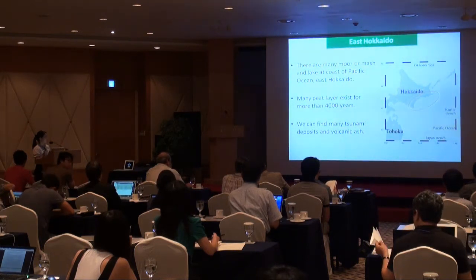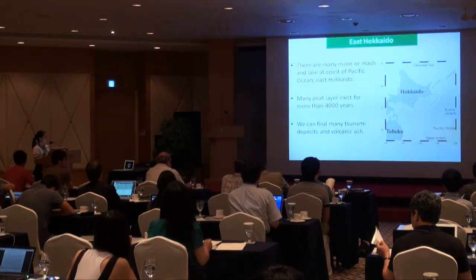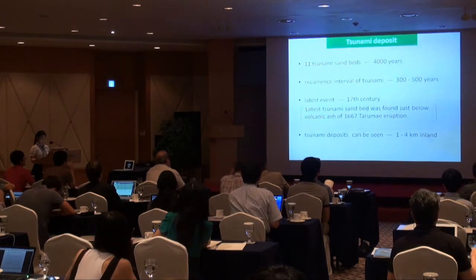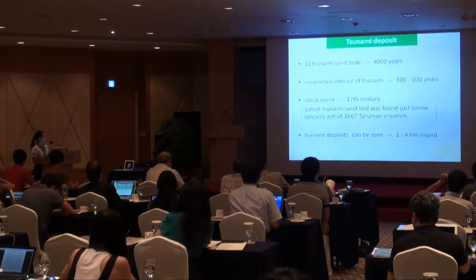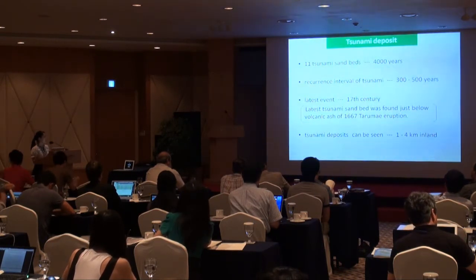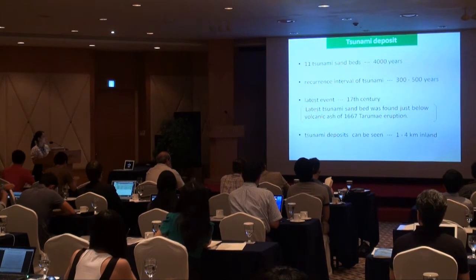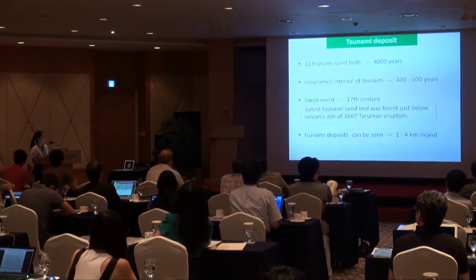So many tsunami deposits and volcanic ash can be seen. In eastern Hokkaido, 11 tsunami sandbeds were found for about 4,000 years. So the recurrence interval of tsunami is 300 to 500 years.